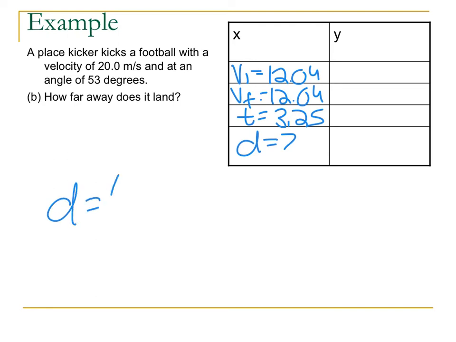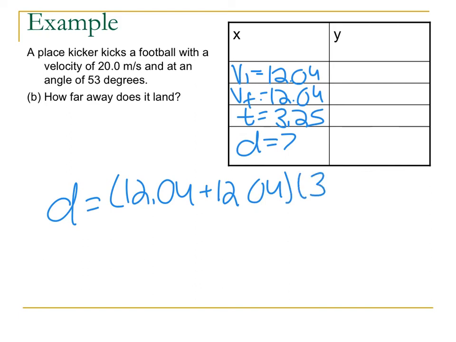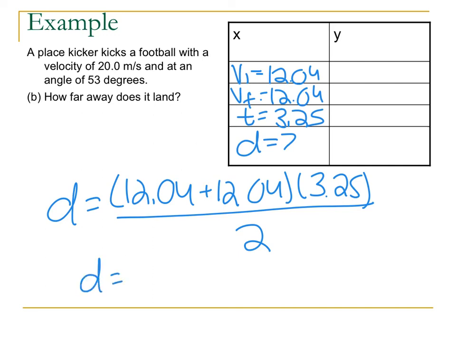So we'll use the same equation that we have been using for my x side. Remember, I don't have acceleration, so this is really the only equation that I can use. So for my distance, I'm going to get 39.13 meters.